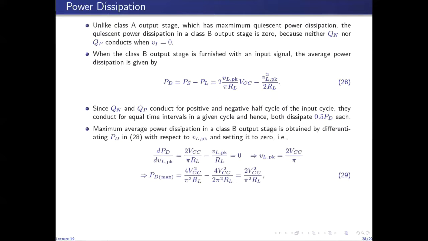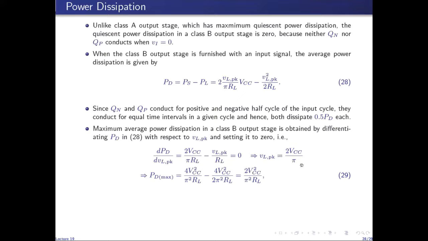The maximum average power dissipation in the class B output stage can be obtained by differentiating this average power dissipated over the whole cycle with respect to VL peak, and then setting it equal to 0. Differentiating, we get 2 VCC over pi RL minus VL peak over RL. Setting it equal to 0, we get VL peak equal to 2 VCC over pi.